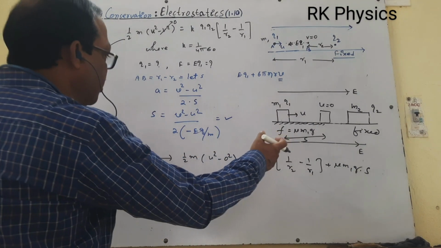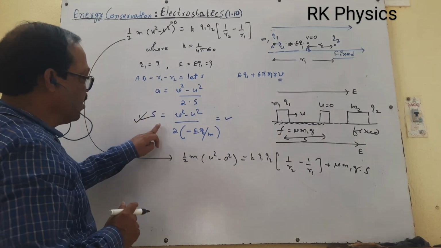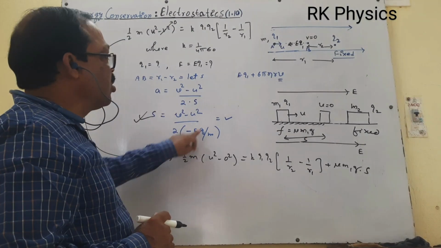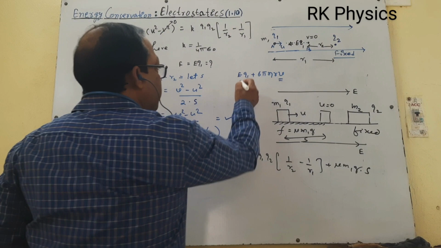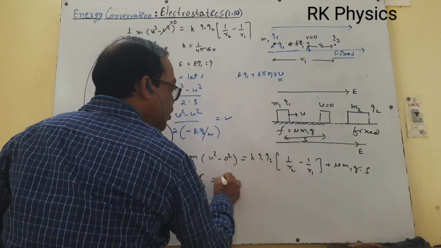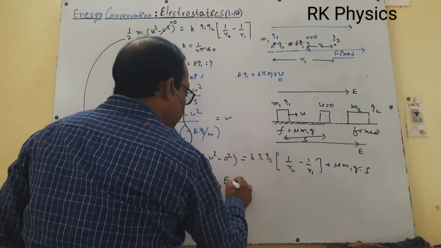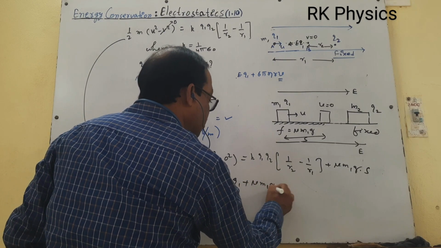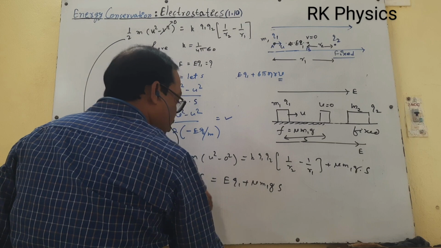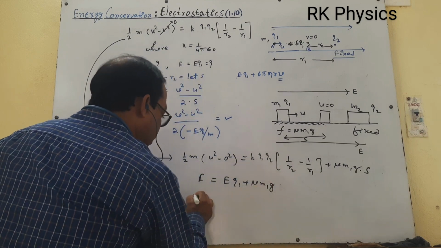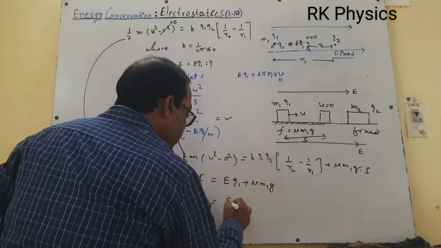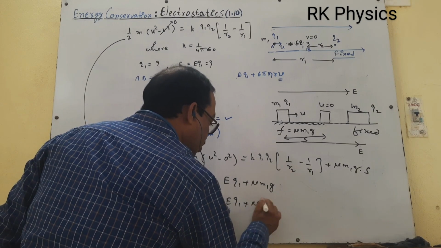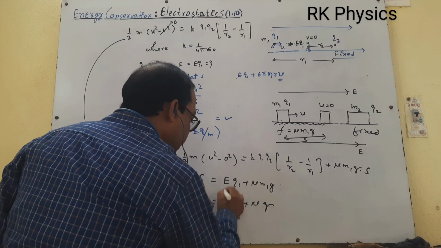Now, how can you calculate the value of s? The formula is given. Instead of the force EQ by m, you take the force F, that is EQ1 plus mu m1 g. So the acceleration is (EQ1 plus mu m1 g) divided by m1.